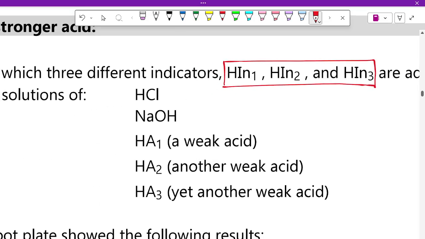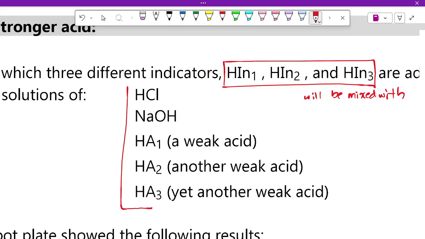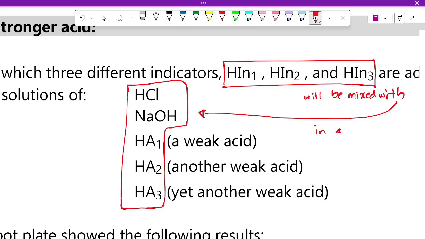And those 3 indicators are going to be mixed with HCl, NaOH, HA1, HA2, HA3, in a little spot plate, each one individually.